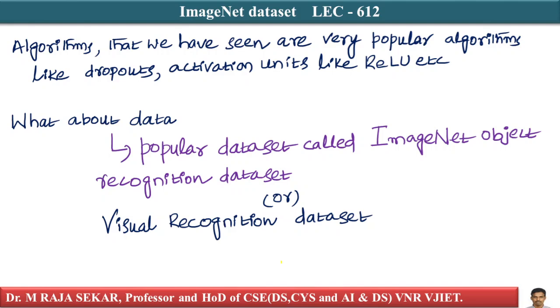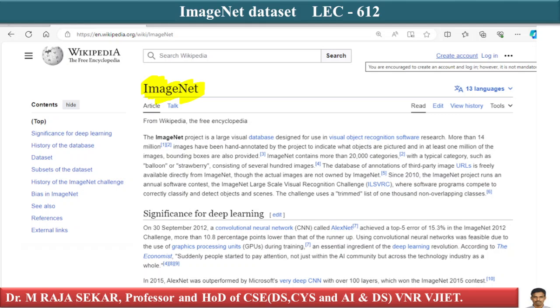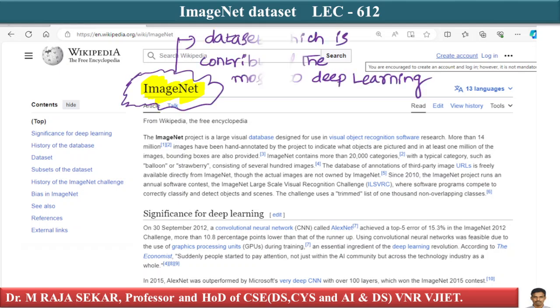Literally, if I have to pick one dataset which has contributed the most to deep learning, or to the creation of some of the best algorithms and the whole research in neural networks, ImageNet is one such dataset. It created a huge impact in deep learning.